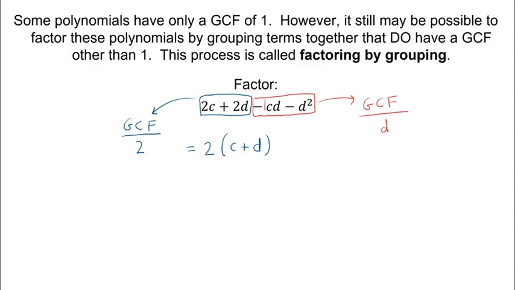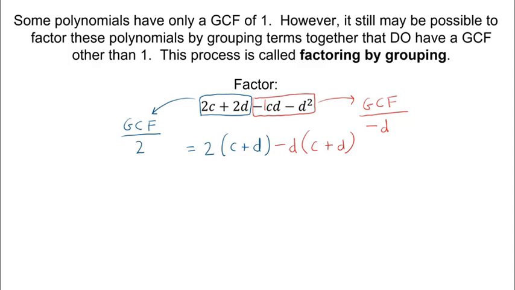So that's what we're going to do here, because our leading term in this group is the minus cd, and that minus cd has a leading coefficient of minus 1. So we're going to make that minus be part of our GCF as well. So we're going to factor a minus d from the minus cd minus d squared. And that will leave us with c plus d.